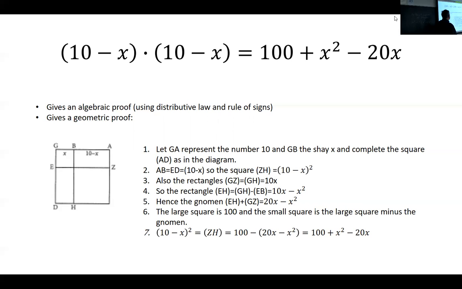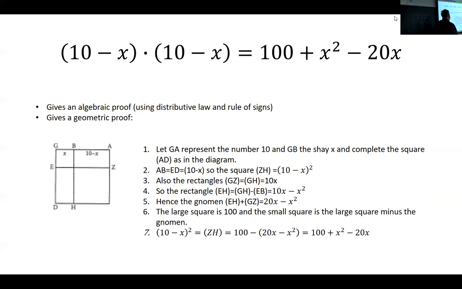And you've got rectangles. This rectangle and this rectangle is 10x. So these little rectangles here are 10x minus x squared. So that means this gnomon added together is 20x minus x squared. And then the large square is 100.